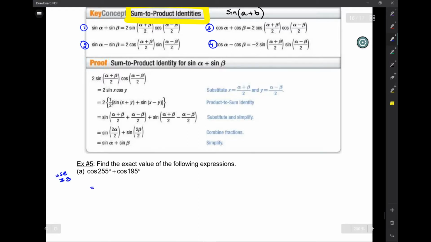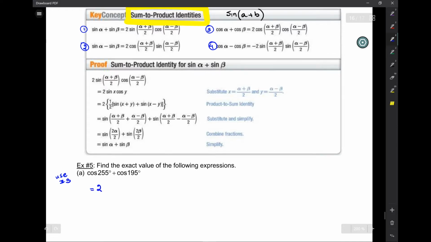So this equals 2 up front times cosine of A plus B over 2. What plus what? 255 plus 195 all over 2. Good. Times cosine 255 minus 195 all over 2.